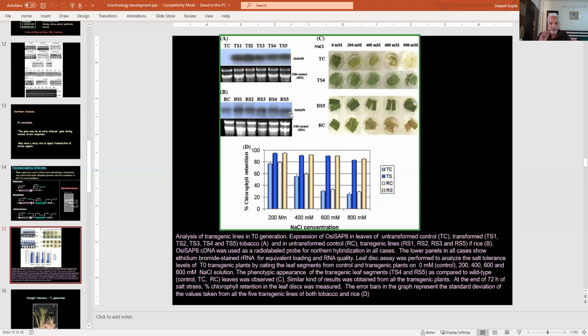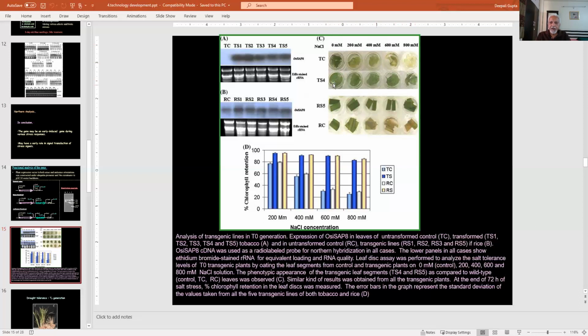Okay, now one of the criteria which is used for stress tolerance is chlorophyll bleaching. For example, these are the leaf bits from tobacco plants grown under normal conditions, and the leaf bits were exposed to different salt concentrations from 0 to 200, 400, 600, and 800.